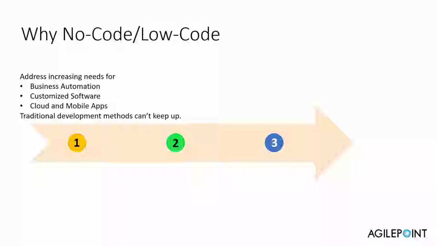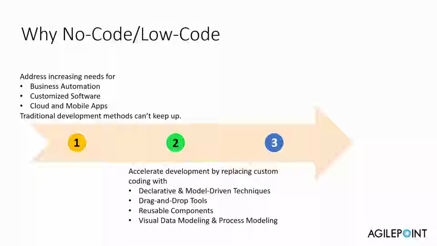We need to customize the software that we're using, and with the advent of cloud and mobile applications, that really further compounds the problem. And the fact of the matter is, using traditional hand coding techniques, most customers simply can't keep up with the volume of software that they must create.